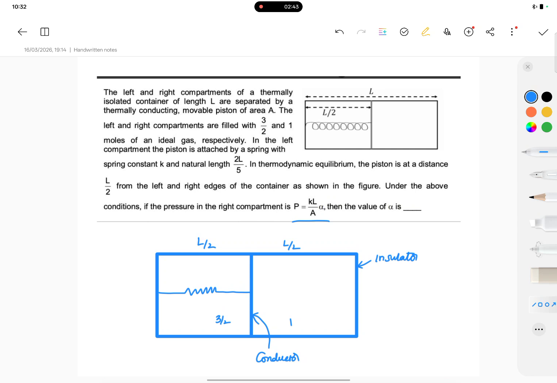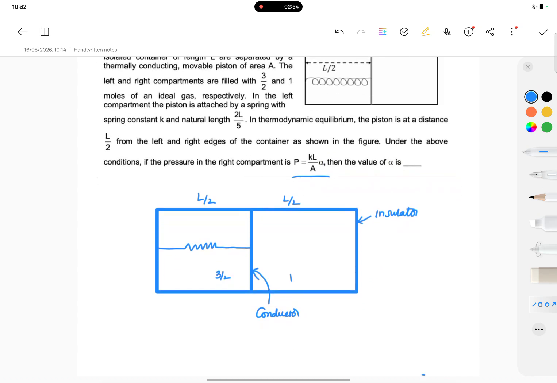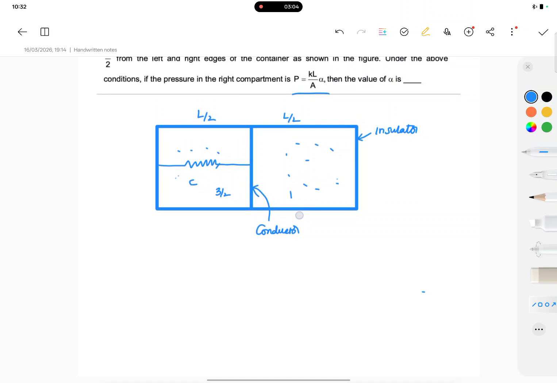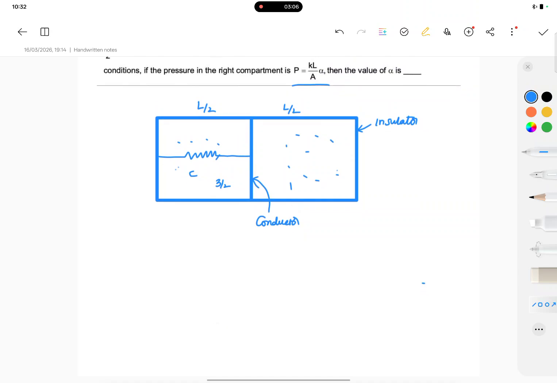Not only thermodynamic concepts are involved here, there is a little bit of the concept of Newton's laws of motion also involved. Let's solve this question properly. There are some molecules present inside this container as well as inside this container. So consider the pressure at the left container as P1, and here P2.